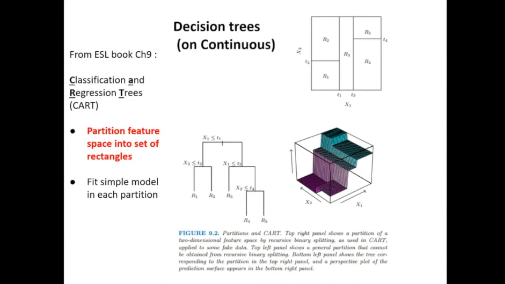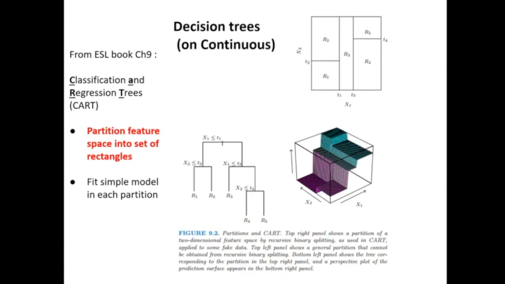So in the end, it's equivalent to segmenting the whole two-dimensional space. In this case, there are only two variables, right? It separates the two-dimensional space into sets of rectangles, and each rectangle shares the same prediction. That's exactly the surface map this is trying to represent.